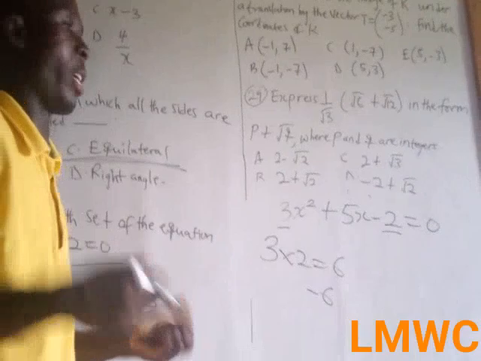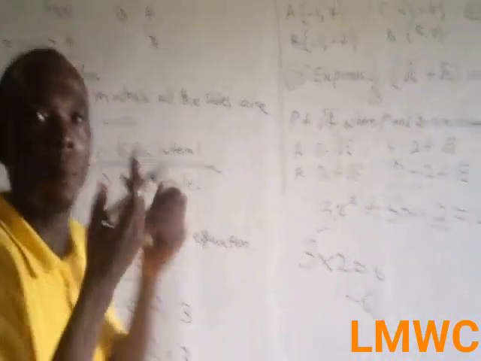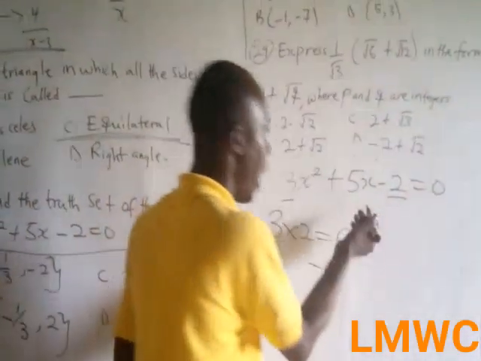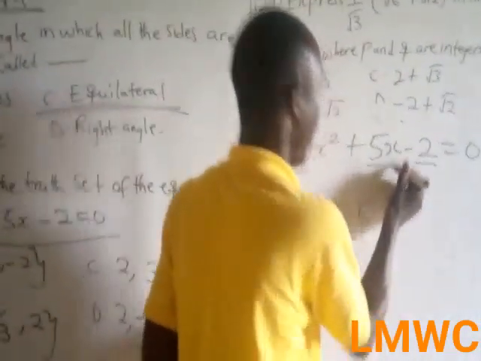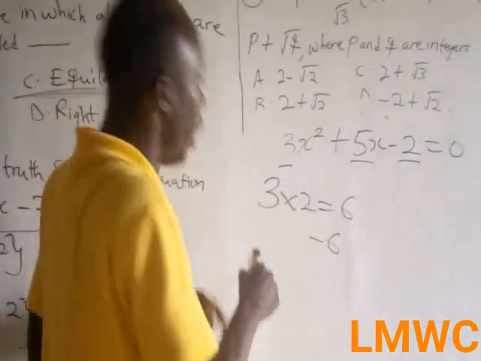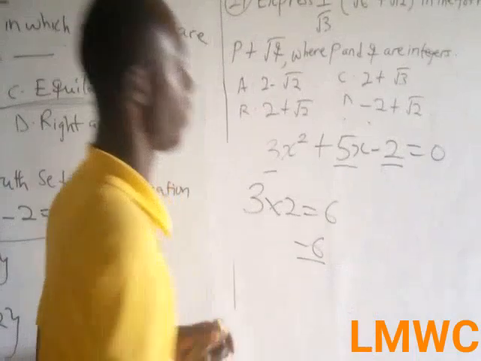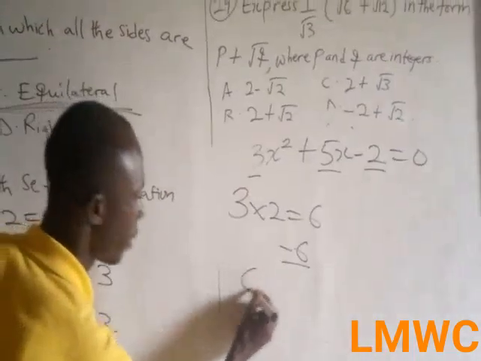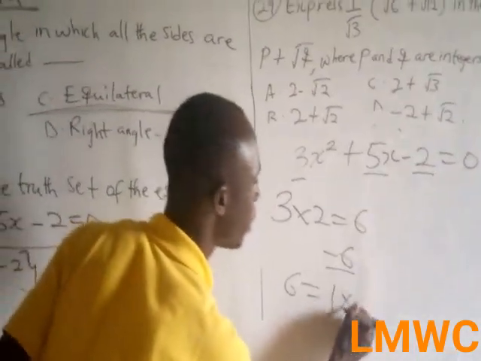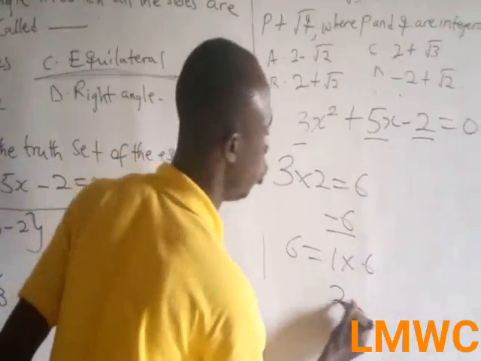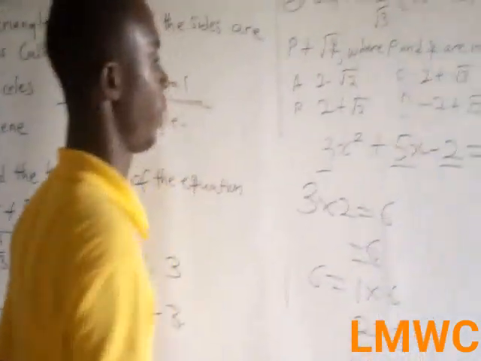So you ask yourself, what two numbers, when you add, you will get 5, and at the same time, if you multiply, you get negative 6. Now 6, we have 1 times 6 is what? 6. 2 times 3 is what? 6.